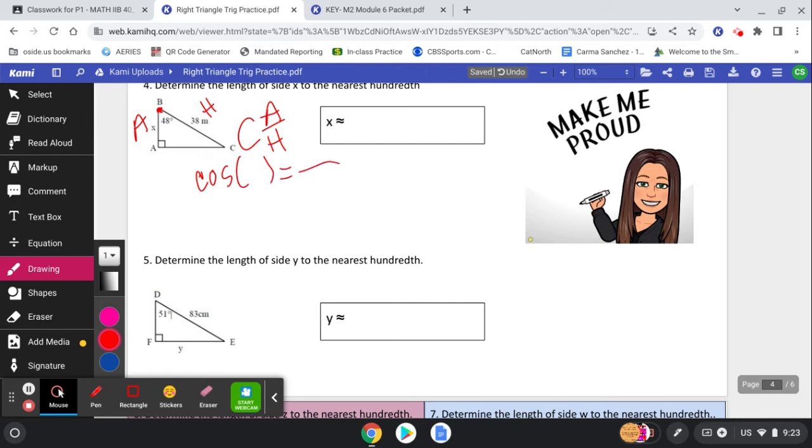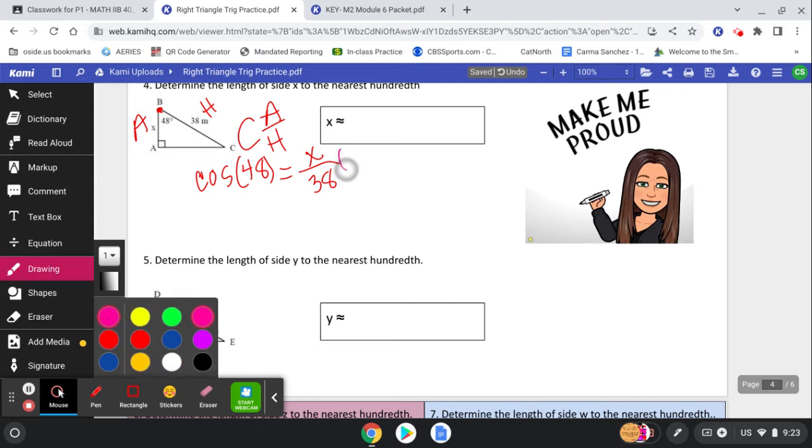Take a moment to see if you can set up that trig function. Okay, the angle goes in the parentheses there. The adjacent goes on top. And the hypotenuse goes on the bottom. Excellent. Great job. So we're going to multiply both sides by 38 to solve this. And what you're actually going to plug into the calculator right now is 38 times the cosine of 48.